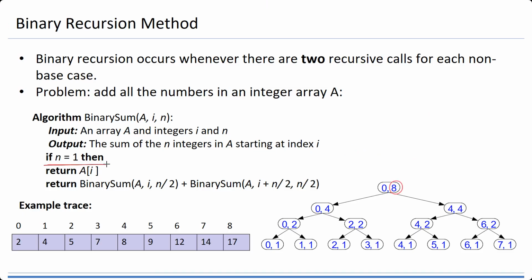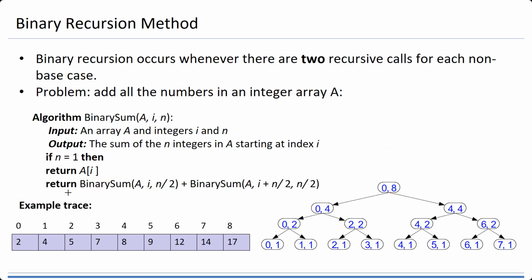If N equals 1, then return A[I]. It means if the number of integers that we want to check has already reached the base case, then let's return A[I]. If the index I starts at 3, then we will finish at the index 3. If we start with the index 0, then the last index will be A[0].